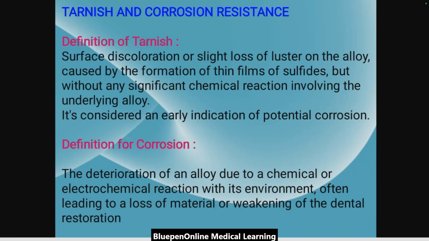It is actual deterioration of an alloy due to chemical or electrochemical reaction with its environment, often leading to loss of material or weakening of the dental restoration. Okay, and this will lead to loss of material or the restoration will be weakened.